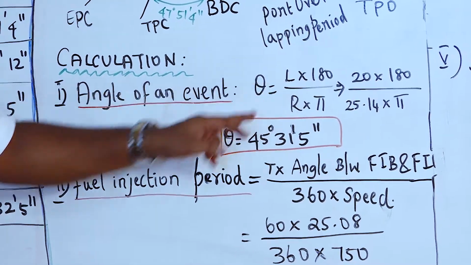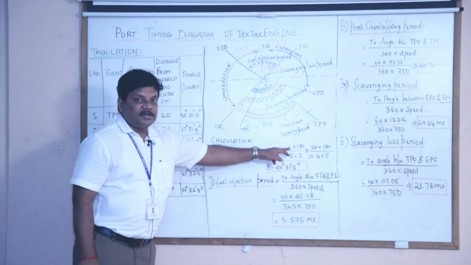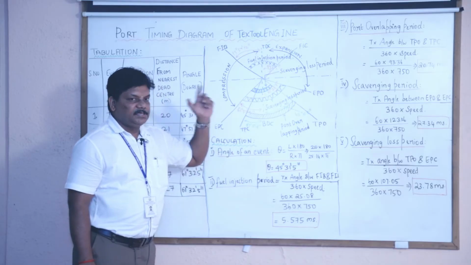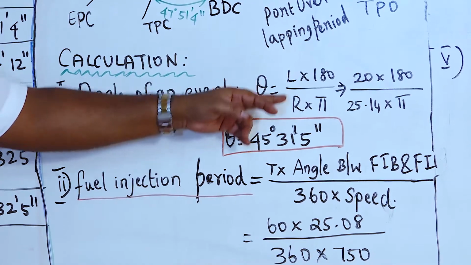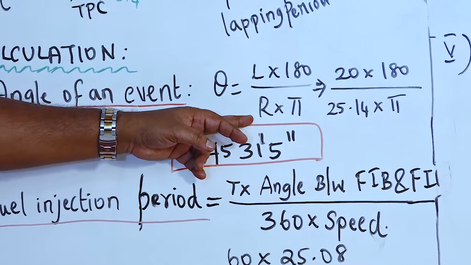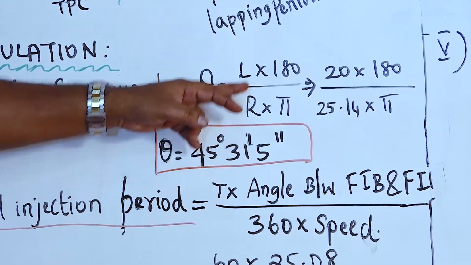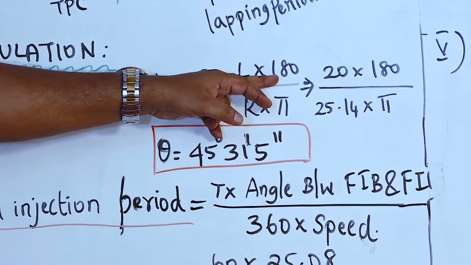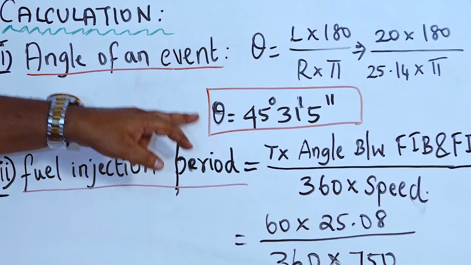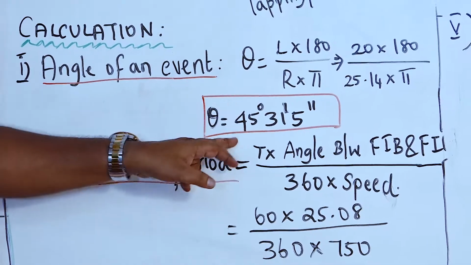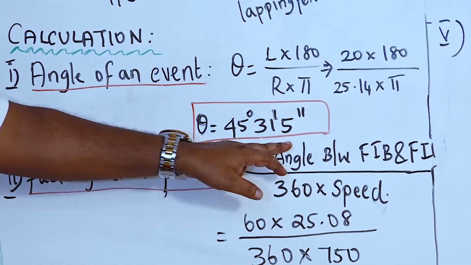Here L is the circumferential length which we have measured in the engine, and R is the radius of the flywheel. This 180 represents the normal stroke period. The angle of event, theta, is given as 45 degrees 31 minutes 5 seconds.